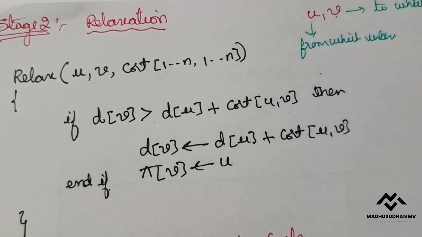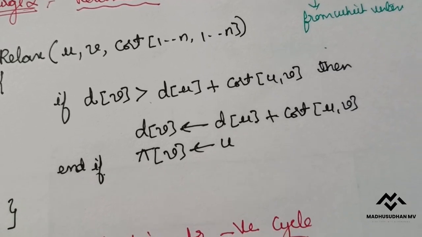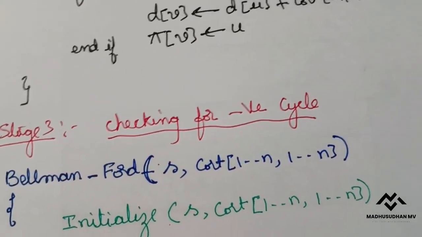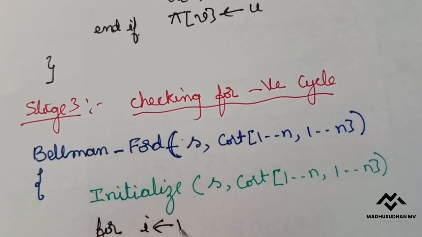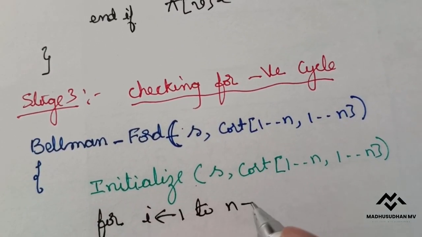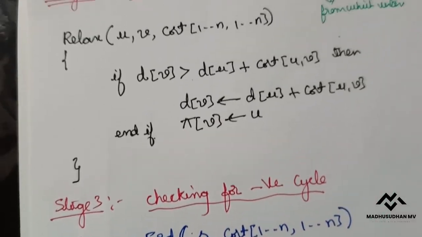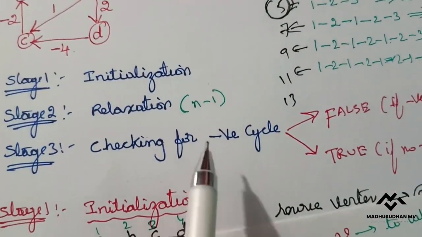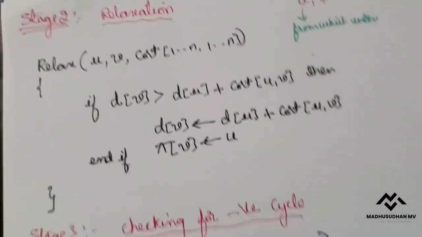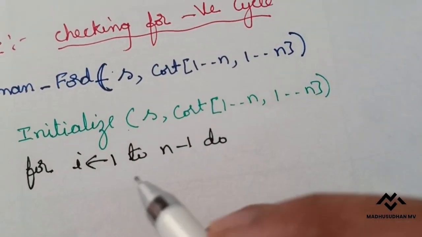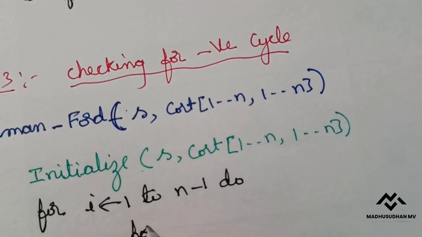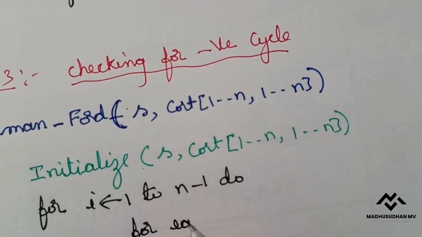So I will write: for i equal to 1 to n minus 1, because I told you we need to do this n minus 1 times. So then we need to do relaxation for each edge.